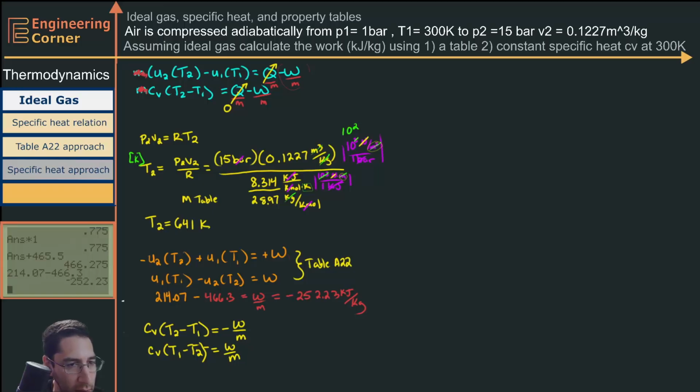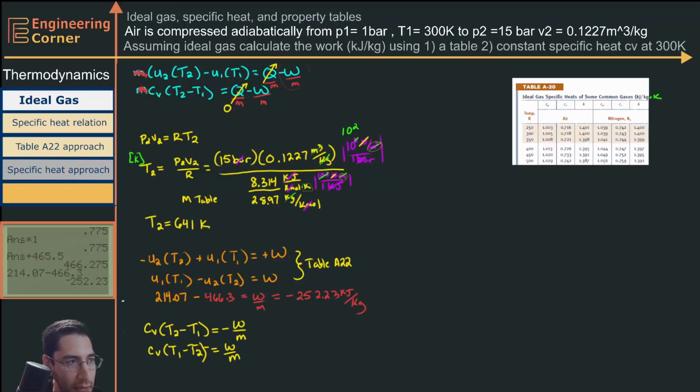So let me look at my table that will give me my specific heats. In this table, you have different substances and different gases. So in this case, it extends down. I had just cut it off, but we have air. So then we have a constant specific heat, CP. We have a constant specific heat, CV.